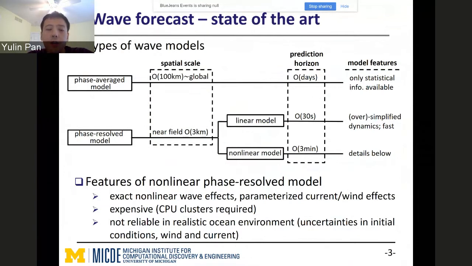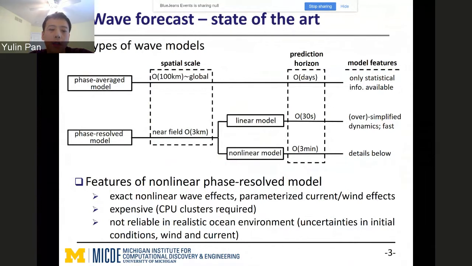These models are relatively robust, and they have been applied routinely in operational forecast to predict the sea states of the ocean. However, this model cannot serve the purpose of our current project because of the phase averaged property. In other words, only the statistical information of the wave field is available, for example, the significant wave height or the peak wave period. All the individual wave information is lost. For example, we cannot capture the individual rogue waves or marginally the individual dangerous waves.